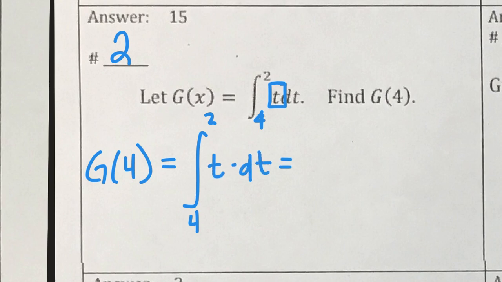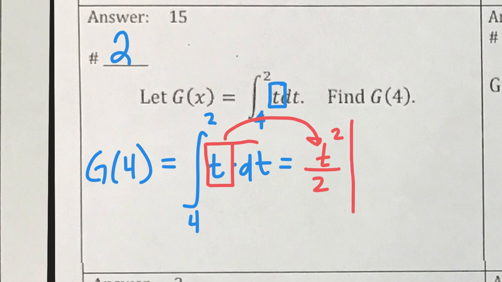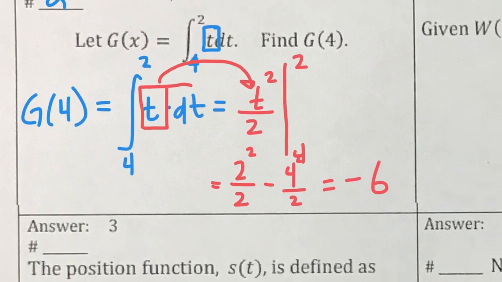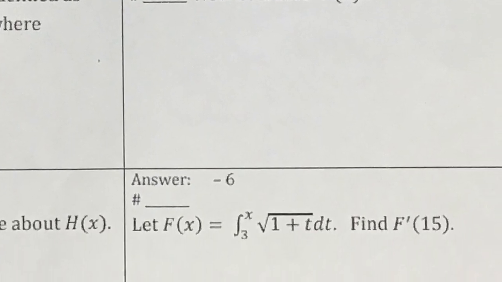So the question becomes, what is the antiderivative of t? And that is t to the second power divided by 2, or 1/2 of t squared. And we're going to evaluate that at 2 and subtract it when we evaluate it at 4. So when you evaluate it at 2 and subtract the evaluation at 4, we get -6, which is over here.